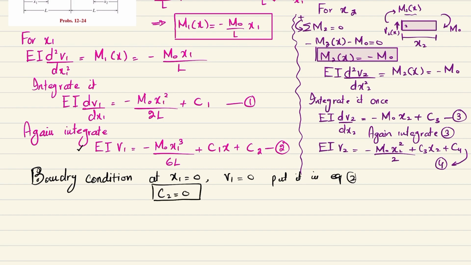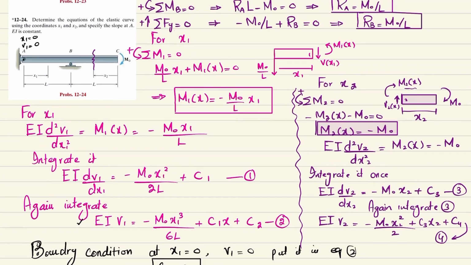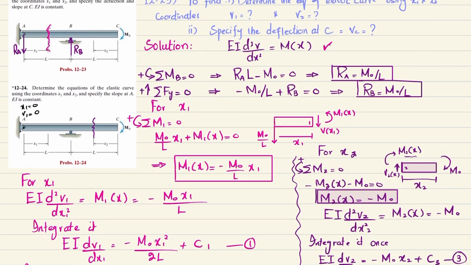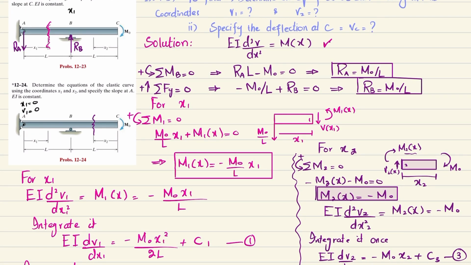Now the second boundary condition is that at x1 is equal to L and x2 is equal to L, we have V1 is equal to V2 is equal to 0. So I will show you here. You can see that here we have x1 is equal to L from this side, and x2 is equal to L from this side.